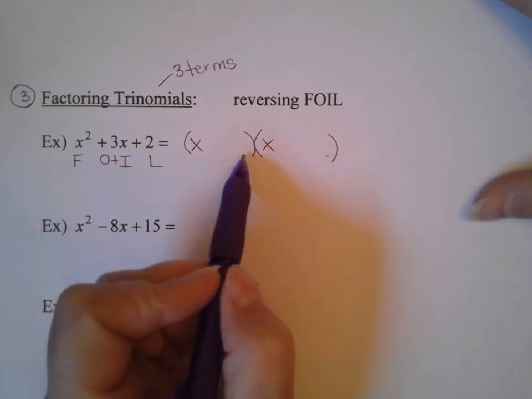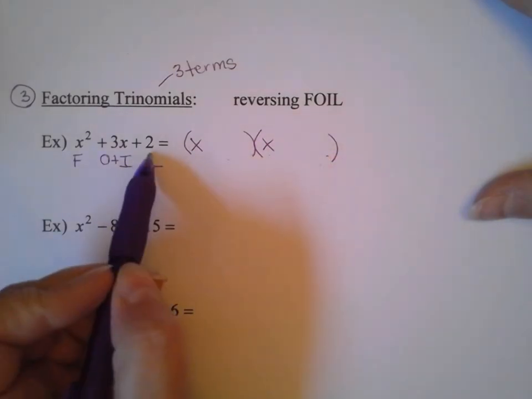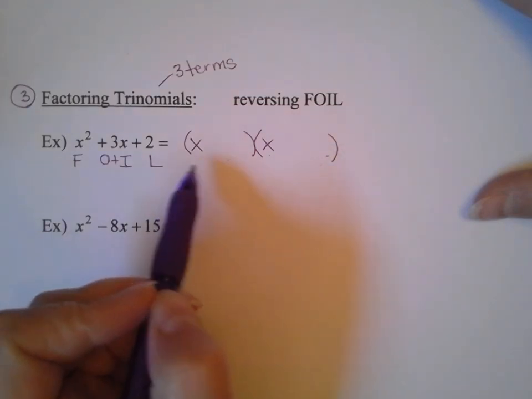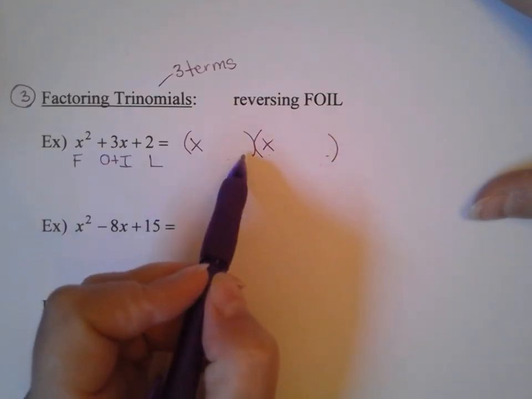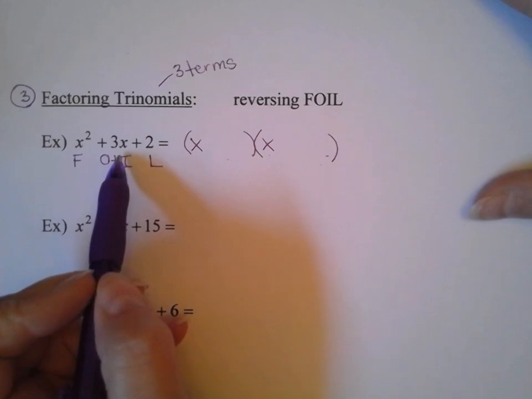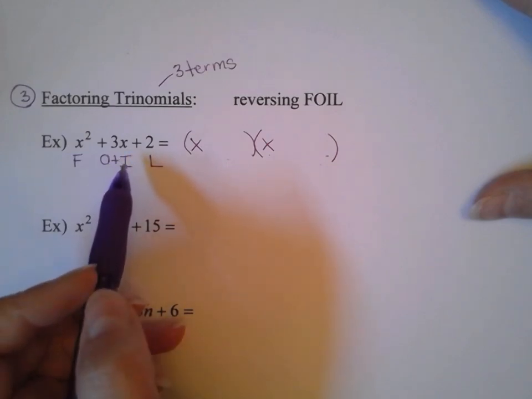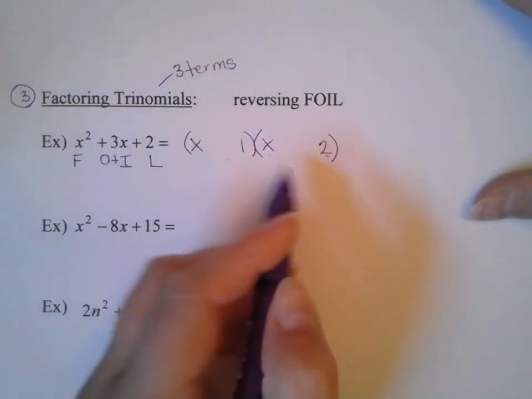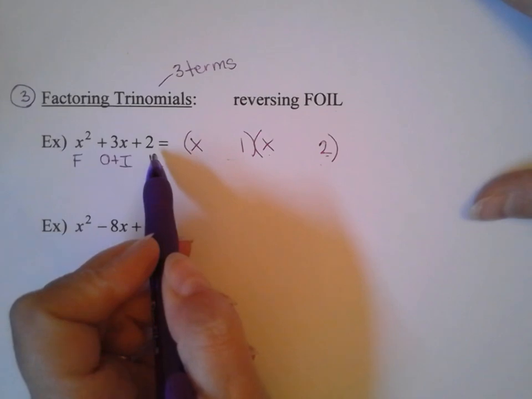Then we need numbers in the back that multiply to be 2 and add outside plus inside to be 3x. I always start with this one because there's only really one option, right? 2 times 1. 2 times 1 would be 2.